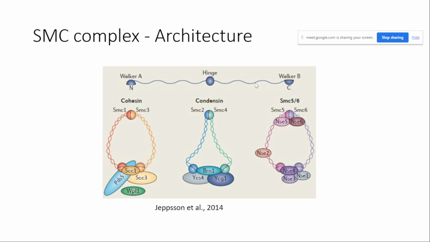The two loop regions will form a coiled-coil region, and Walker A and Walker B come into close proximity. When Walker A and Walker B come close, they make a functional ATPase domain. That is the major architecture of the SMC proteins and how they fold.